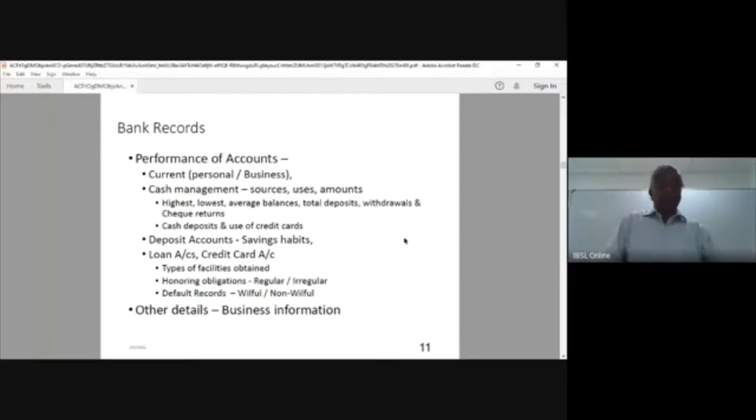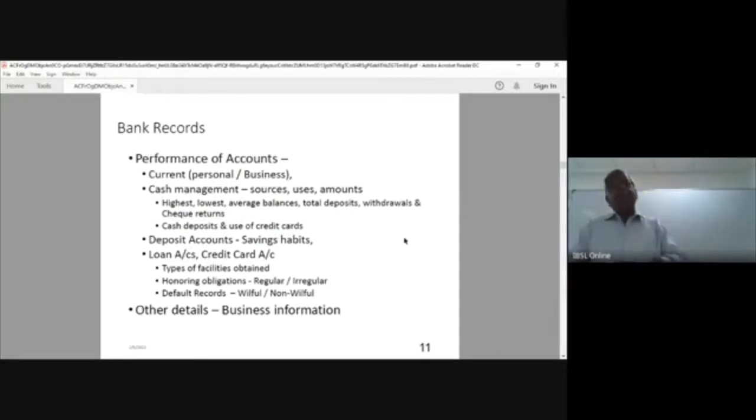One is the current account. A personal customer or business customer may have current accounts. By going through the current account, you can analyze how that particular customer manages their cash. Cash management is very important.